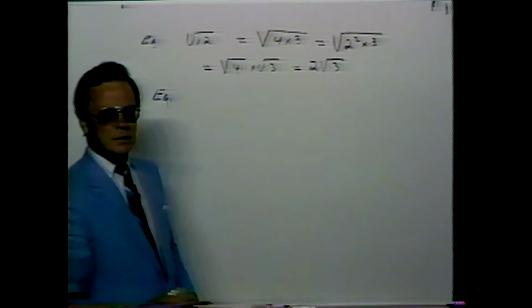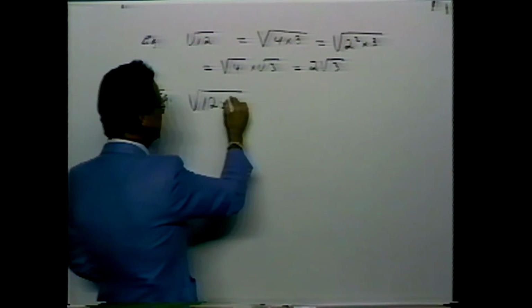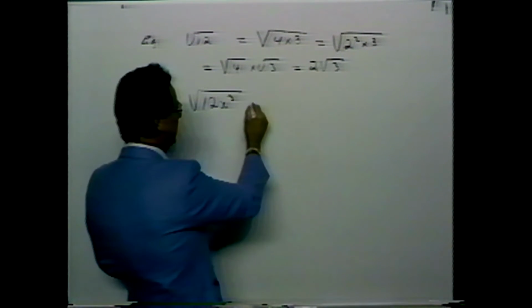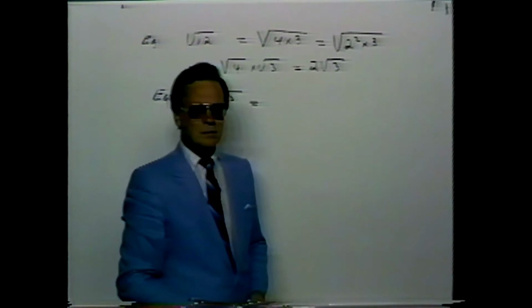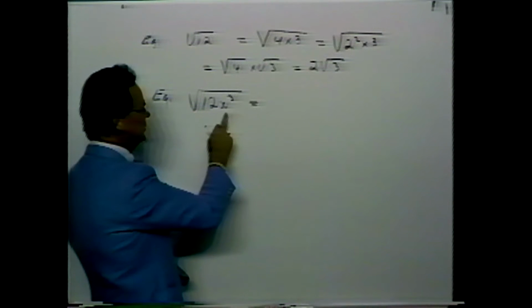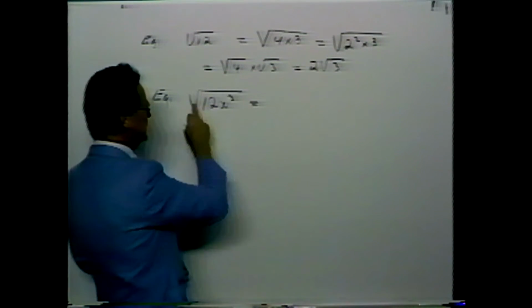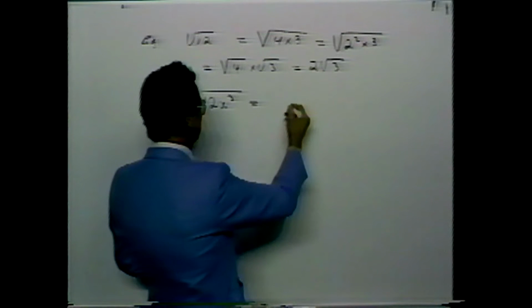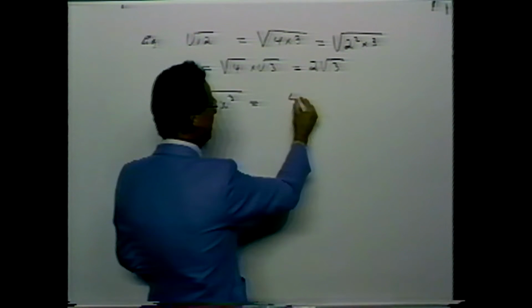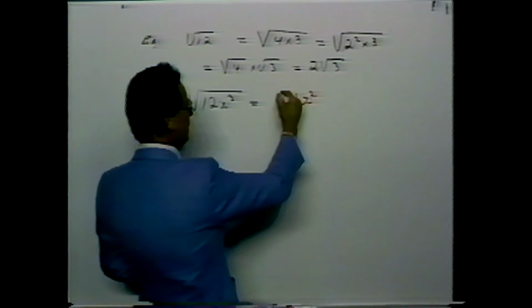We have the square root of 12x cubed. Now, determine powers which are factors of the radicand whose exponents are simple multiples of the index. Well, 12x cubed contains a 4 and an x squared.